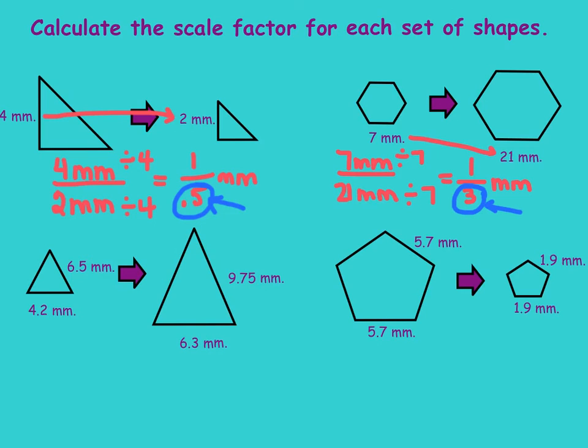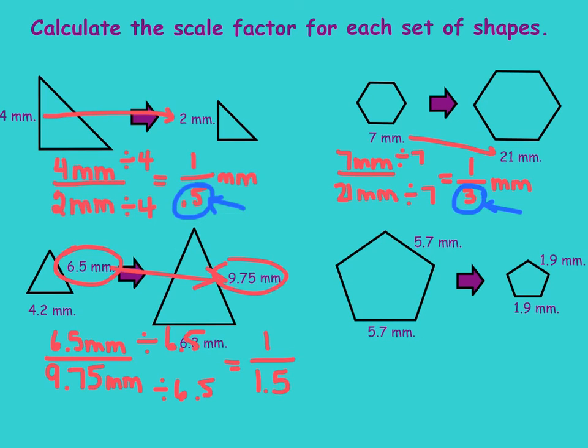We're going to just pick two of those sides that match up. We have 6.5 millimeters, matches up with 9.75 millimeters, and then divide by 6.5. Divide by 6.5, so we get 1 over 1.5. So the second shape is 1.5 times the size of the first one.